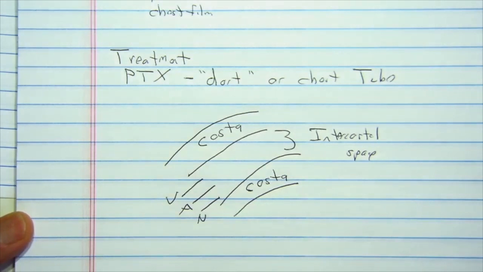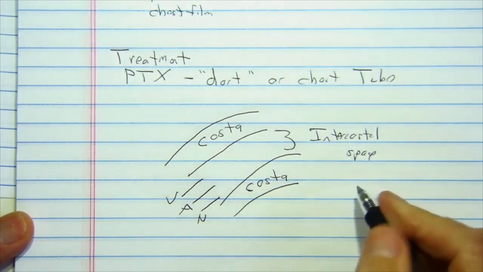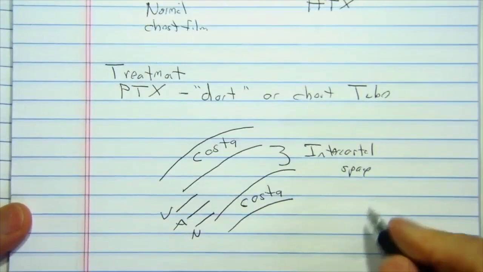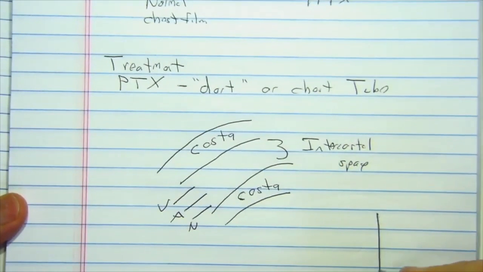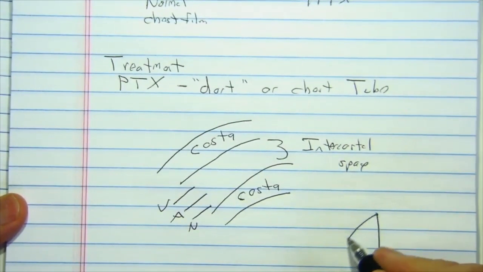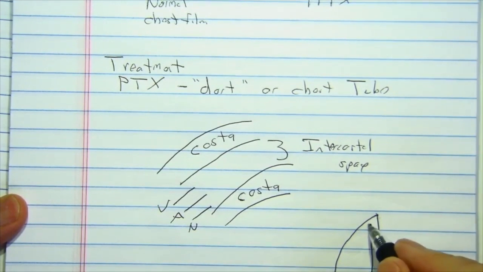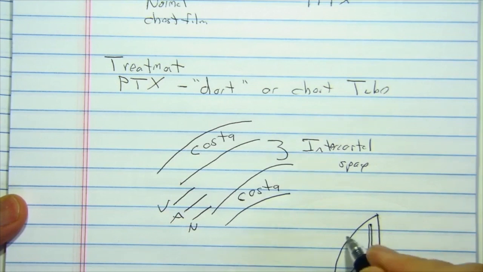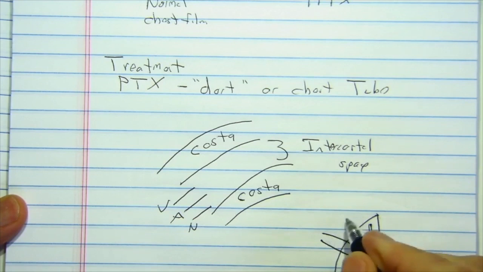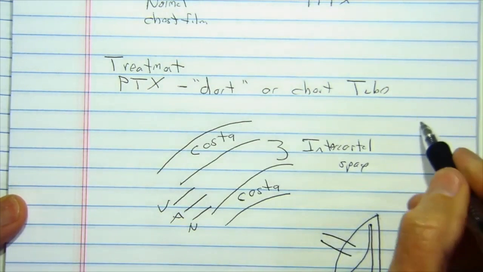But now what I have to do is somehow evacuate that air. So if this is the air from the pneumothorax, there's my parietal pleura, there's my visceral pleura. I've got to get a chest tube in now, and instead of this ice pick that came in here, I'm going to have a chest tube, so that's literally what this is.